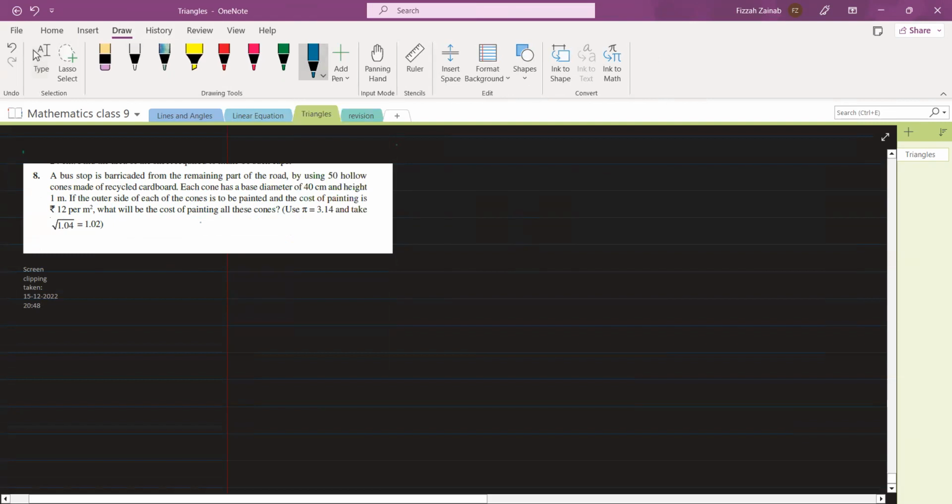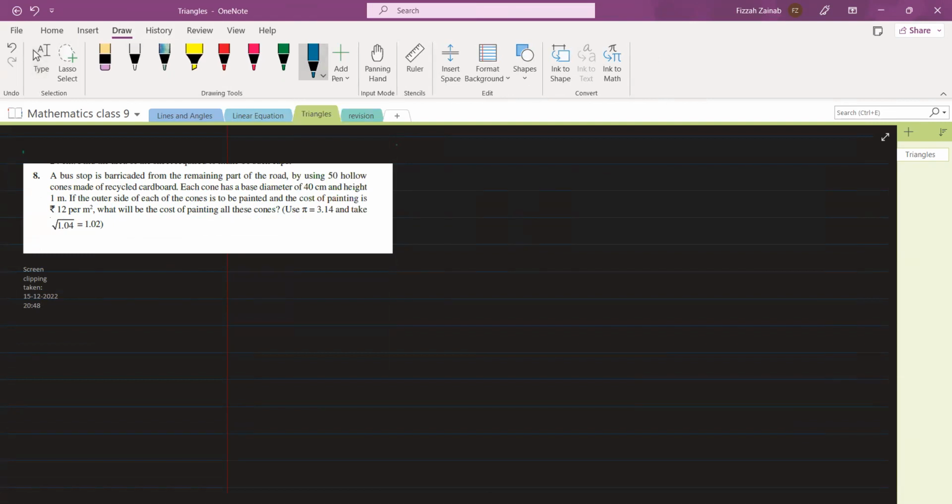Now, a bus stop is barricaded from the remaining part of the road by using 50 hollow cones made of recycled cardboard. You must have seen, right? When they mop the floor, sometimes they put cones like this in restaurants also, right? So it's like that. So they have barricaded a road and they have used 50 hollow cones.